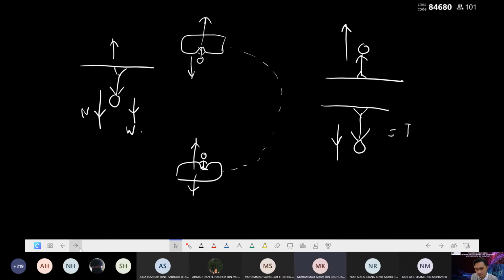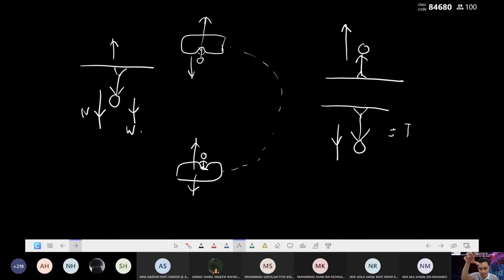Okay, thank you. Ya, saya. Sila. Okay, saya nak tanya, kalau tadi kan yang N ke bawah, weight ke bawah, yang ke atas tu centripetal. Ke atas tak ada apa. Just centrifugal lah yang effect tersebut. Tapi the normal dengan the weight tu akan in the same direction. So kalau tak ada apa-apa ke atas lah, dia akan terapung ke atas.